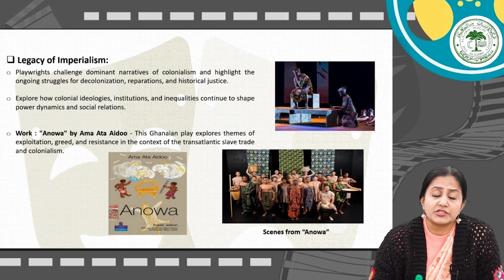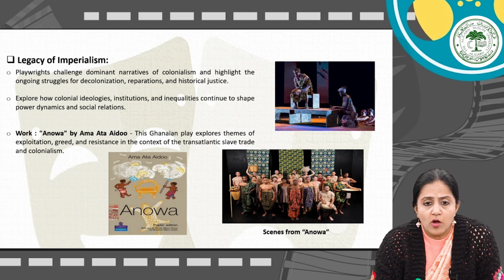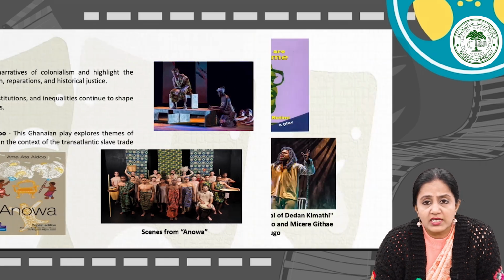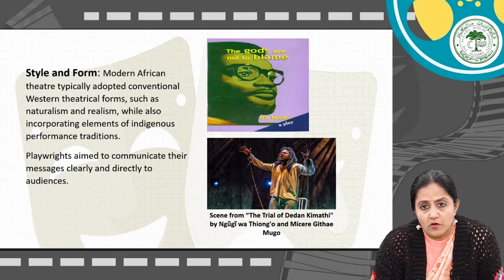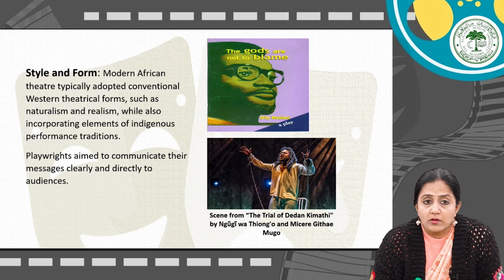Moving on to the discussion of style and form of these plays, what we see is that modern African theatre typically adopted conventional Western theatrical forms such as naturalism and realism, while also incorporating elements of indigenous performance traditions.